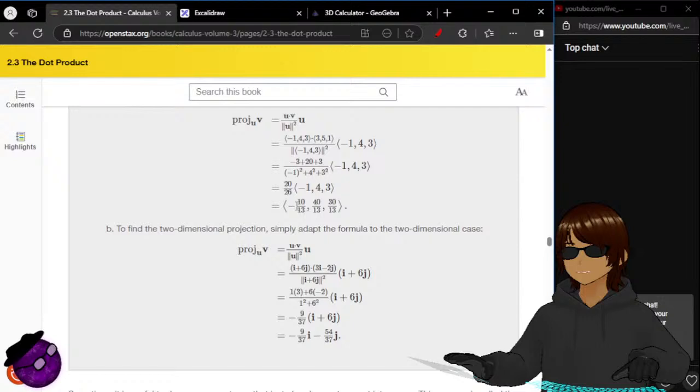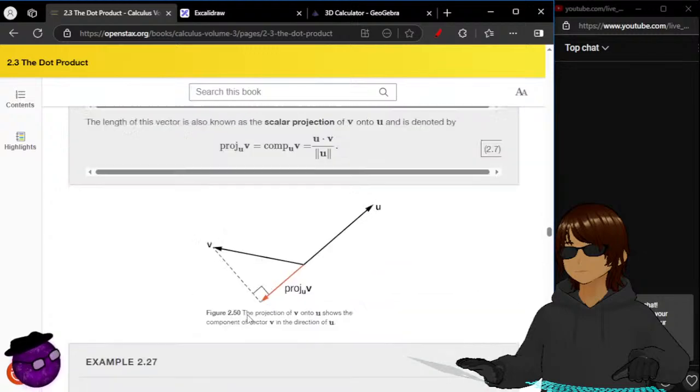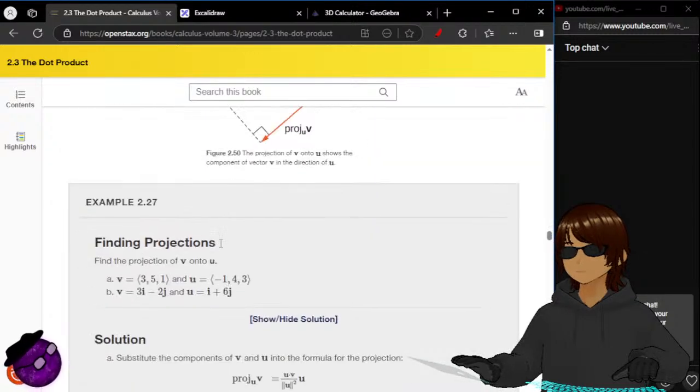Yeah, this is the simplified version. Okay, I think I understand now. I think this part confused me. This should be the magnitude of the projection.